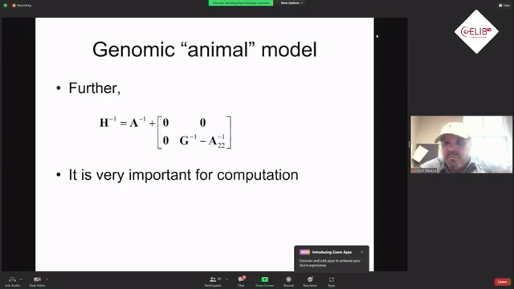Yes, about G minus 1, is it the SNP effect? No. It's also the animal genotype effect? No. The G minus 1 is a variance covariance matrix.